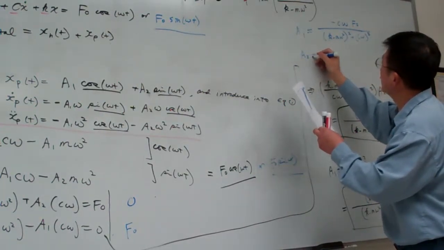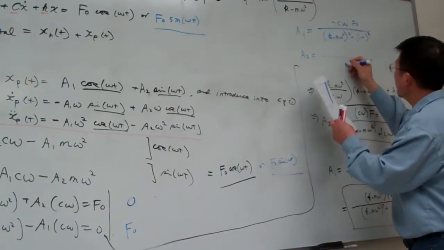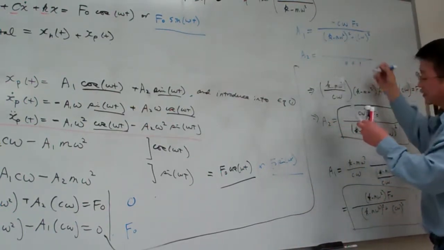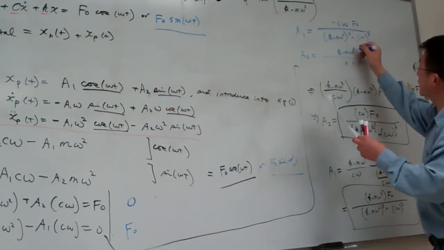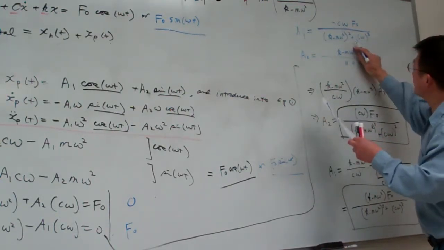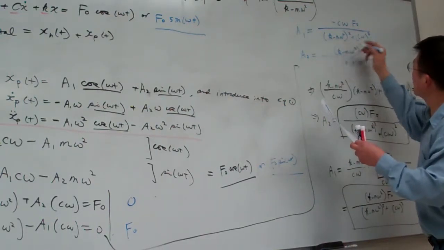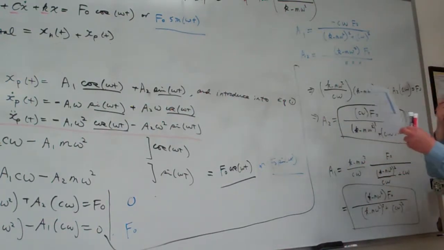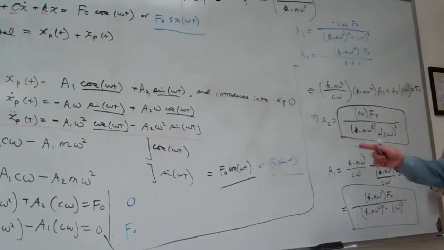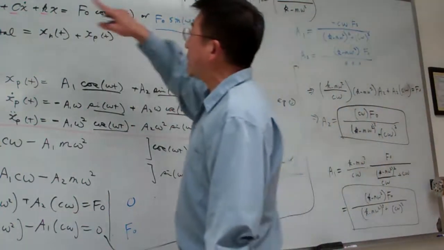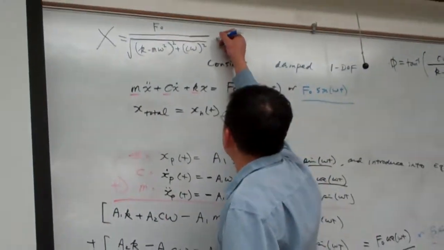And A2 has the same denominator, and K minus M omega squared times F0. Okay, then under this case, the corresponding capital X for the blue one will be the same.